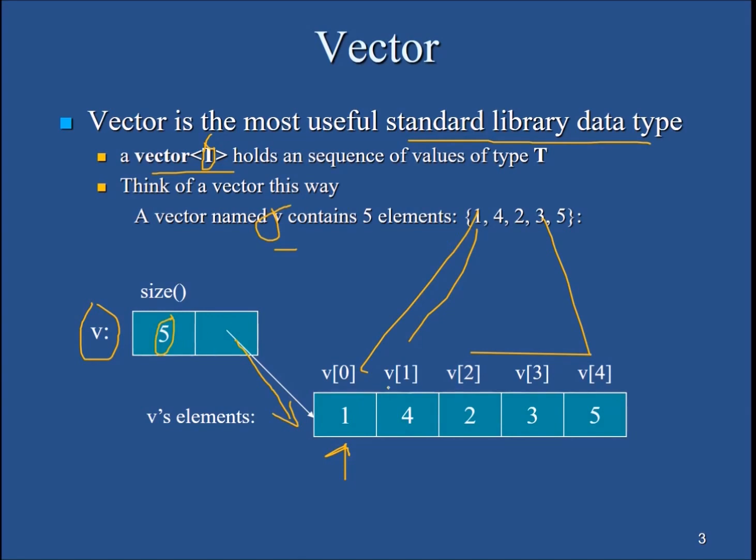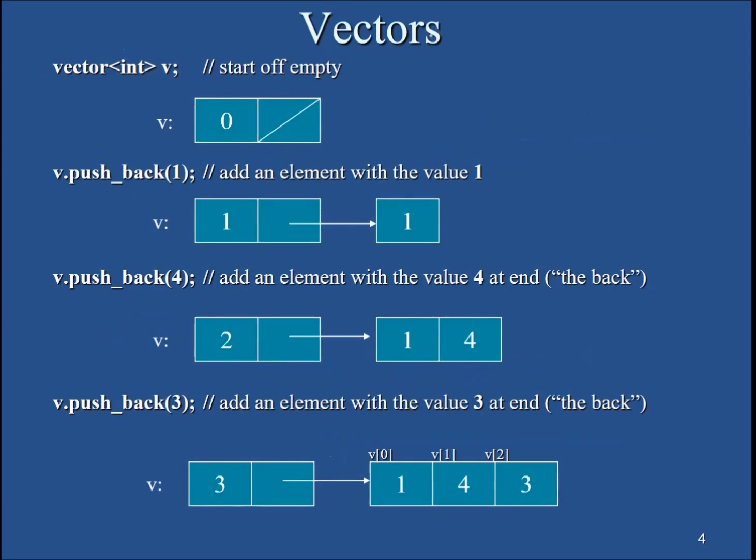So a size and then the number of elements. Vector integer V. So the name of the vector is V and the type is what? Integer. It starts off empty. So we'll start with 0 elements. 0 will be placed here, and there will be no linkage or no element here.